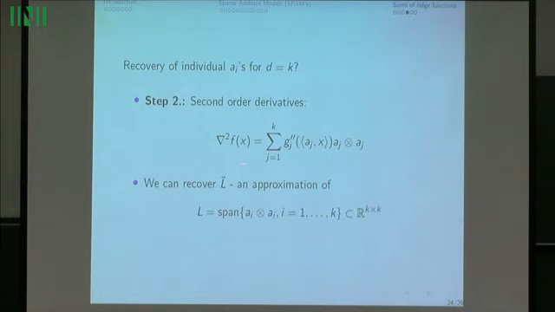And to identify the a_i's in this span, we took second order differentiation. So you see that really the numerical stability of all that becomes an issue. And then we got a subspace of symmetric matrices. And the question was how to find rank 1 matrices in this subspace of symmetric matrices.